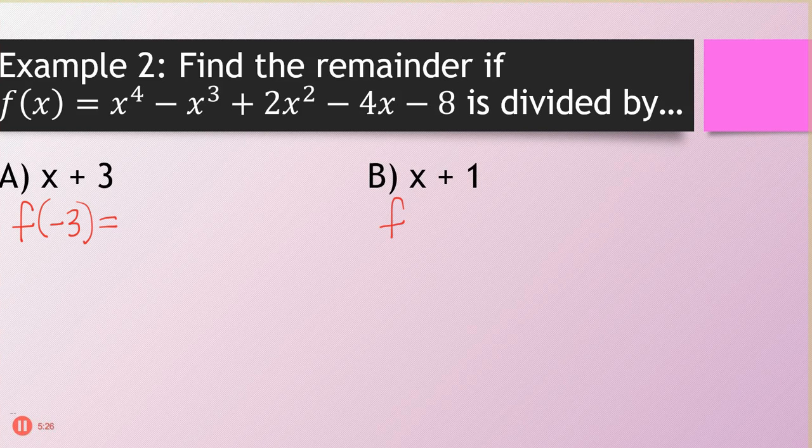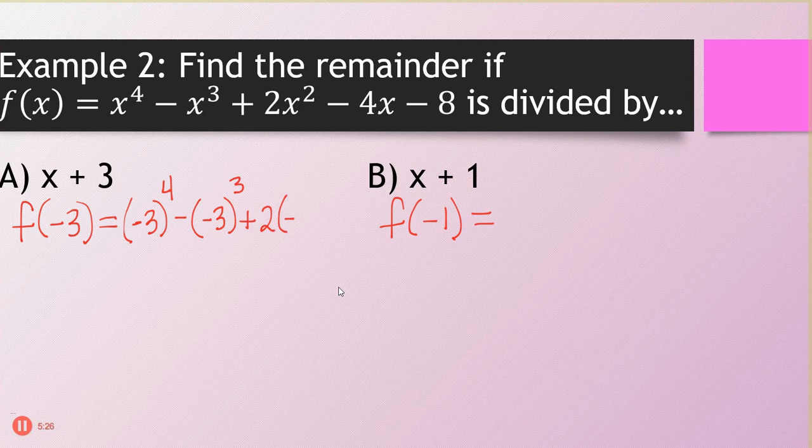Find f of negative 1, and just be careful to make sure if you're doing this in your calculator that you do use parentheses around that negative. Alright, so go ahead and pause the video at this time to find your two remainders for f of negative 3, and then we're going to do the same thing and find f of negative 1.